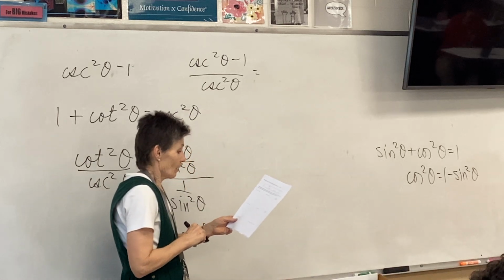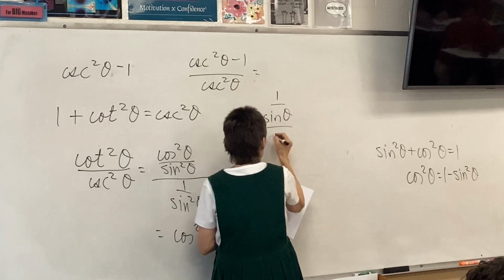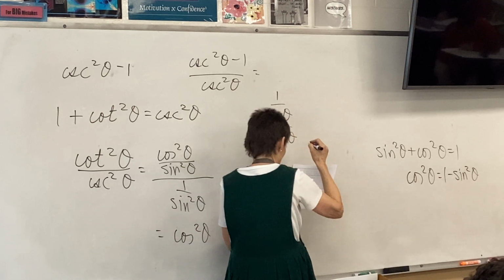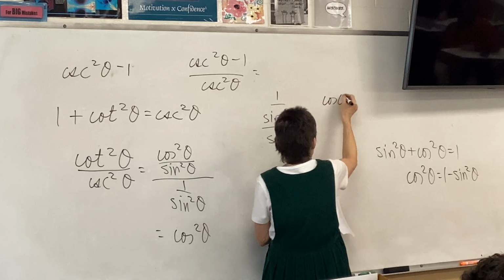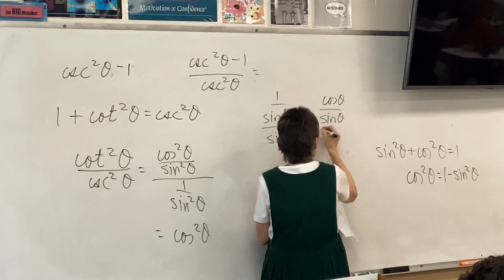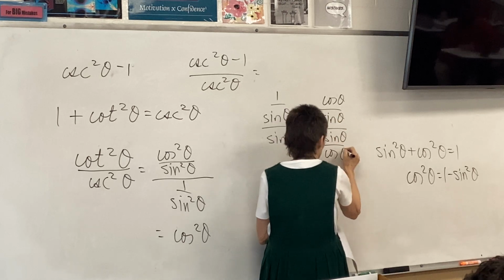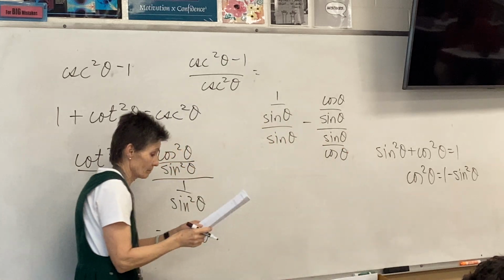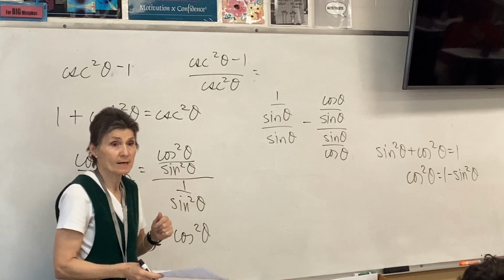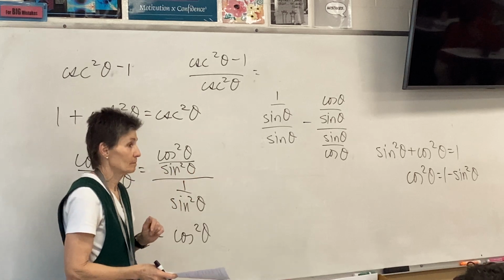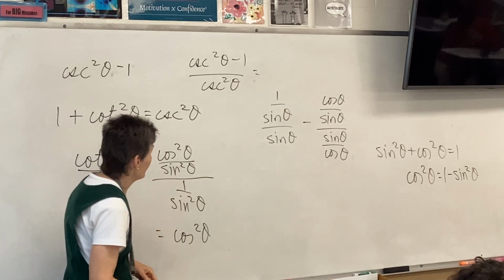Okay, so it would be 1 over sine over sine minus cosine over sine over sine over cosine. If we just decided we're gonna change it into sines and cosines, that would be an option. All right, now what do you do with it now?